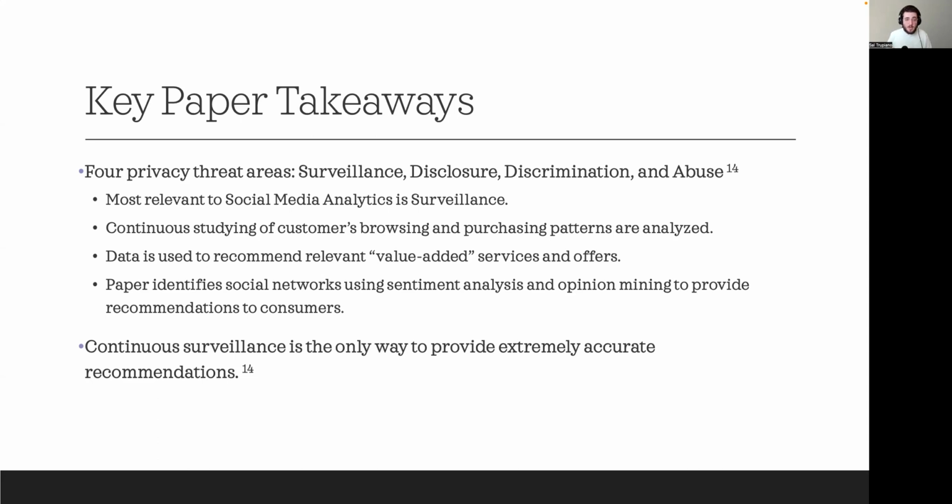In particular, the paper identifies social networks as utilizing sentiment analysis and opinion mining to provide recommendations, such as following a public figure or liking a corporation, establishments or locations to patronize, and things like that. According to the paper, the only possible way to provide accurate and relevant recommendations is by the continuous surveillance of their users and their web transactions, not only on their platform, but across the internet.